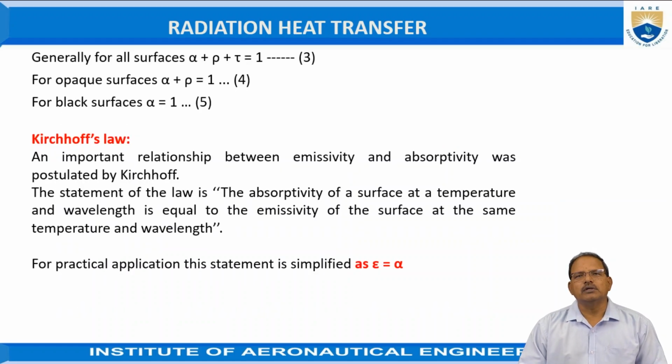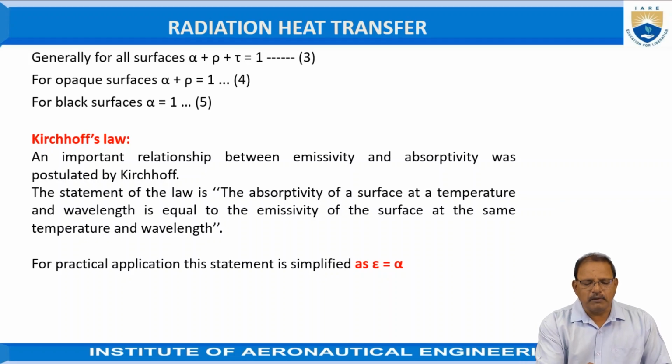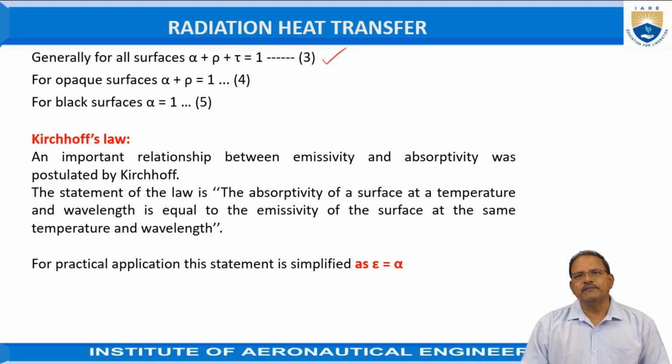Hence, the conclusion from absorptivity, transmissivity and reflectivity is that the sum alpha plus rho plus tau is equal to 1. For opaque surfaces, the transmissivity is 0, so alpha plus rho should be equal to 1.